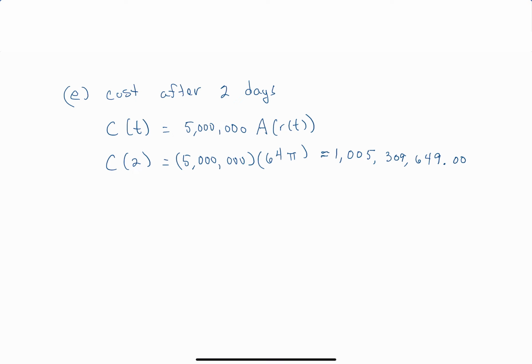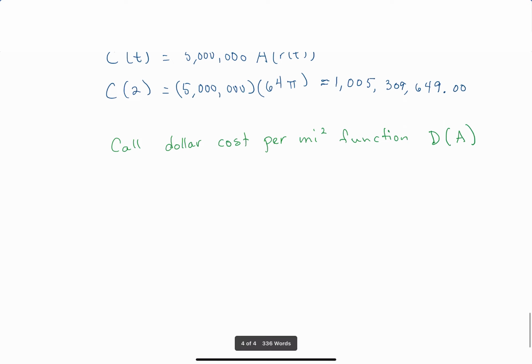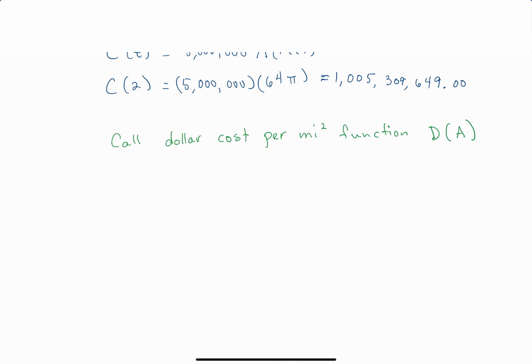Let's say I call the dollar cost per square mile, let's call that D, and it depends on the area of the slick, and the area depends on the radius, and the radius depends on the length of time the leak has been happening.